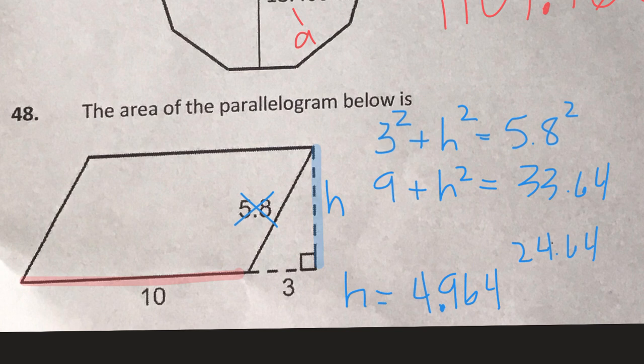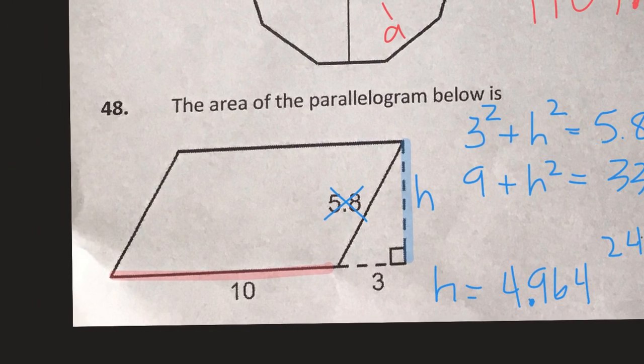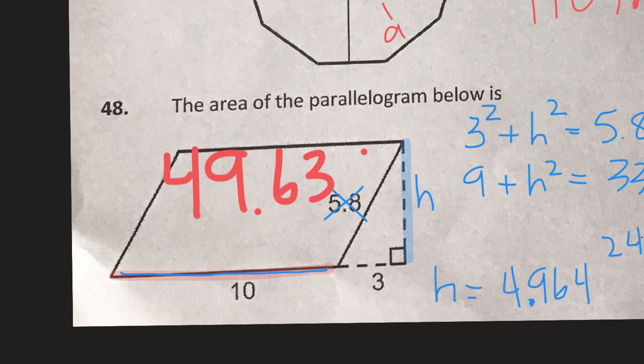Okay, so then I times that by 10. Right, your base is 10 and your height is 4.96 something. We get an area of 49.639 if I now round another decimal, or 49.64.